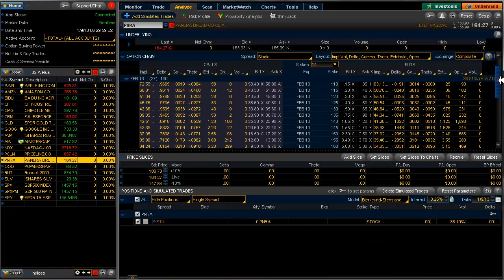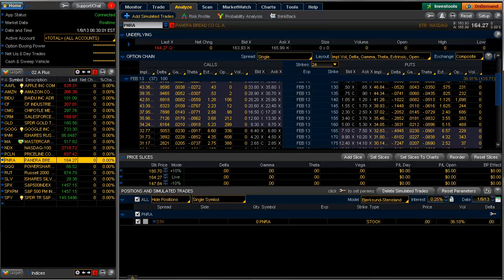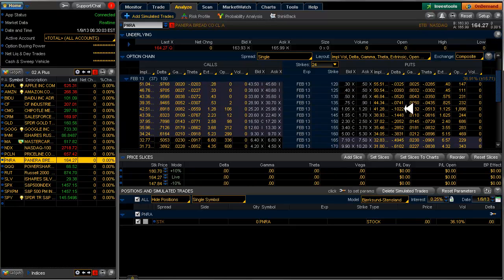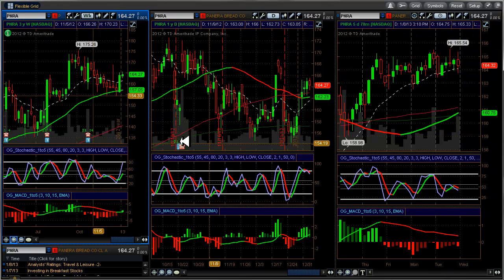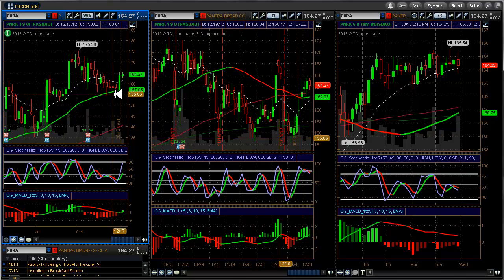This would be like another delta of 20. Here's 150 or 155. Look at the chart. 155 is yes. That's a nice long-term trade, as 155 is below any closings that we had recently.